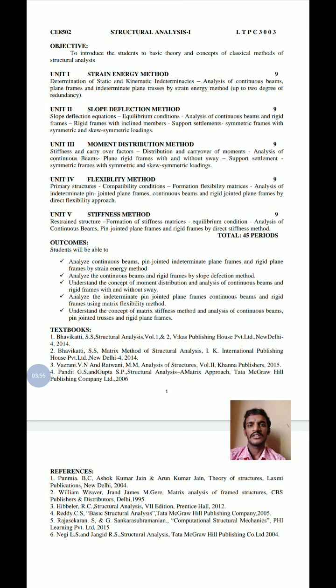In truss member calculation, we have to know some points like the method of joints. In the method of joints, we calculate summation V, summation H, and summation M equilibrium conditions. Based on the equilibrium conditions and the method of joints, truss members using the strain energy method are analyzed to calculate the forces in each and every member. This is the overall concept in Unit 1 using strain energy method analysis.